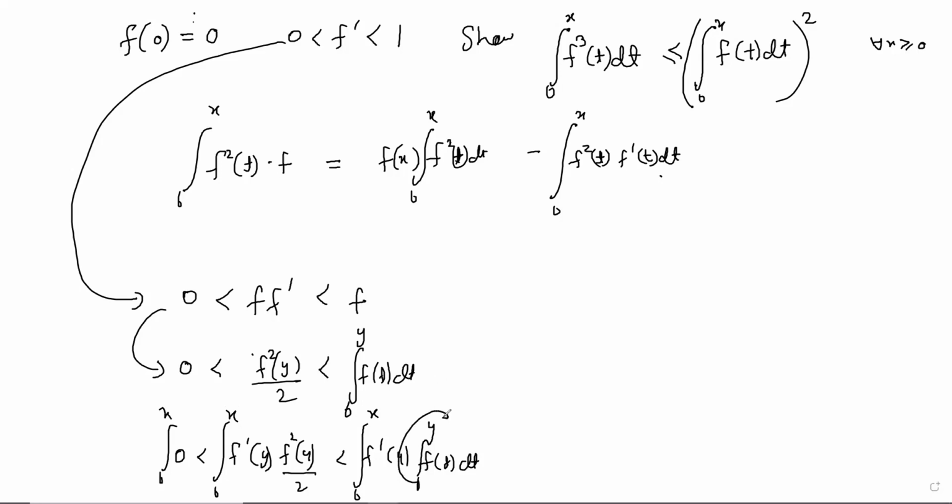Which one? This one? No. Look, this is a function of y. That is right. You should multiply by f of y, because then only the rightmost inequality will become an integral, which will be good to integrate.